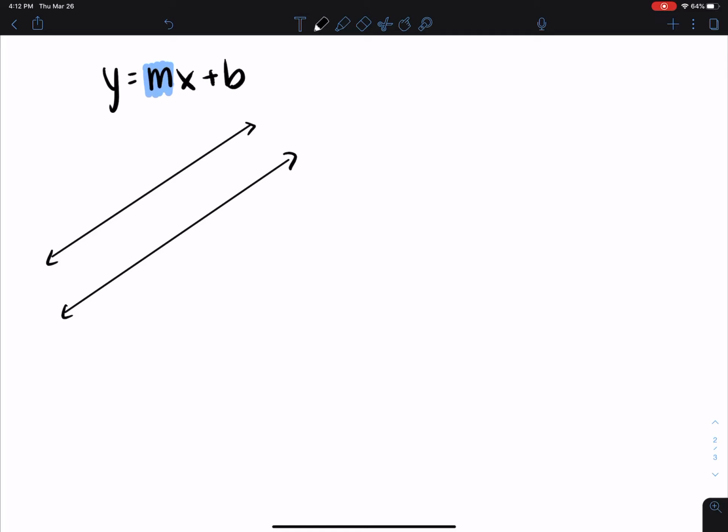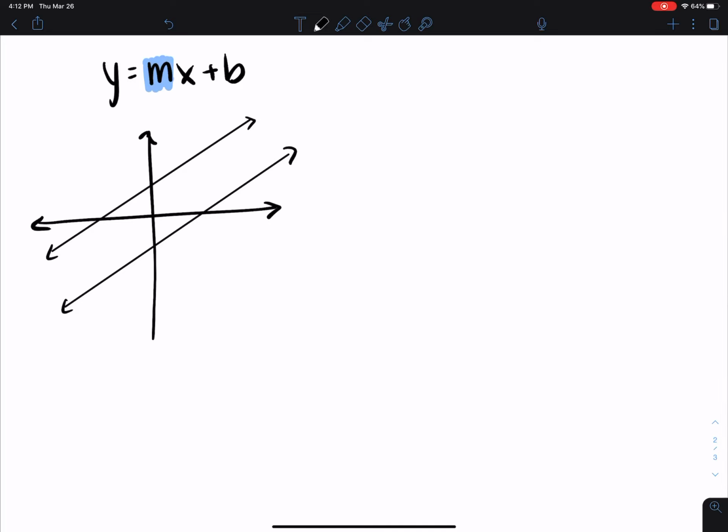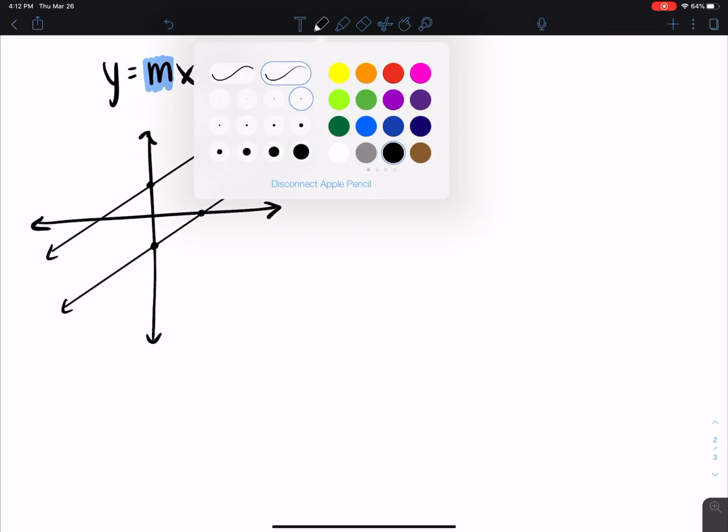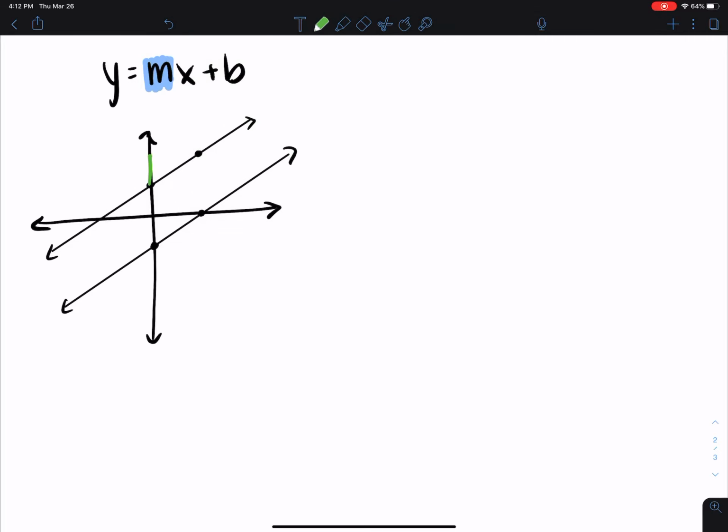If you think about this on a coordinate grid, if we went from this point to this point and this point to this point, it would be the same. We'd be going the same distance up and over.